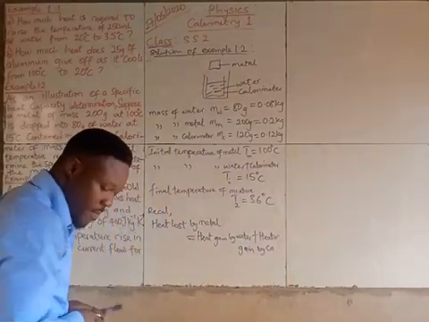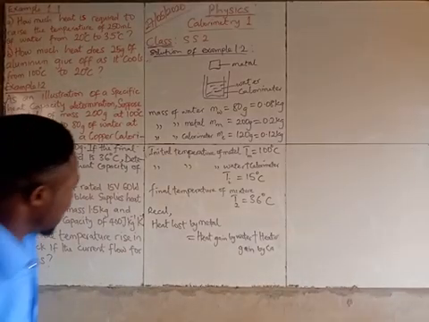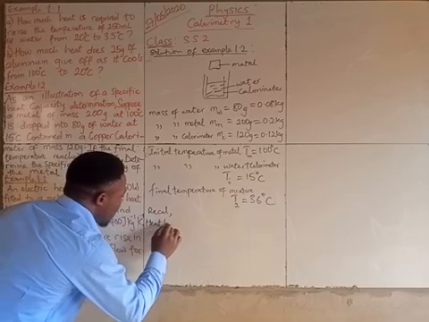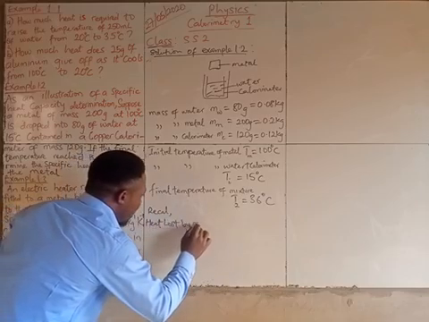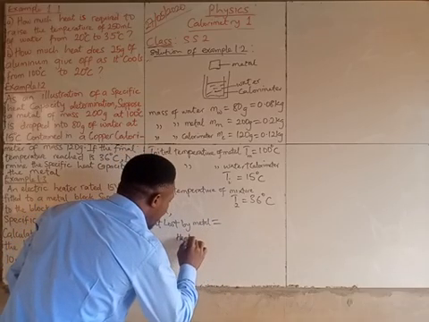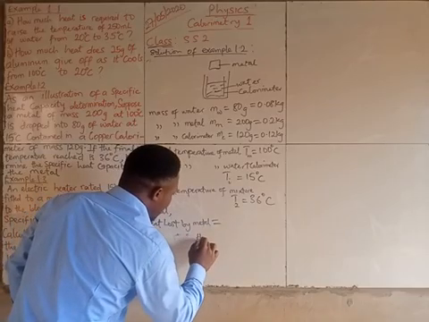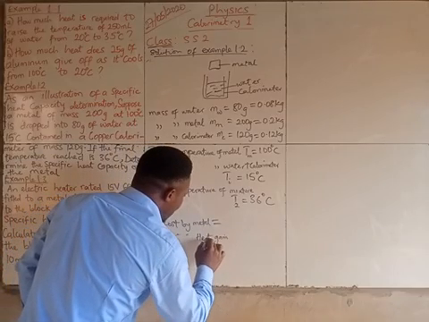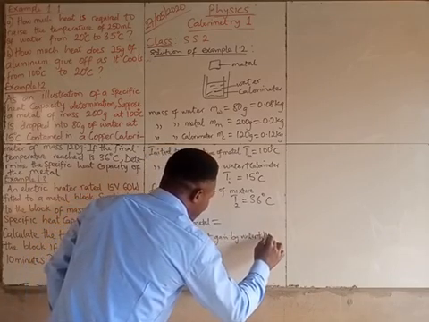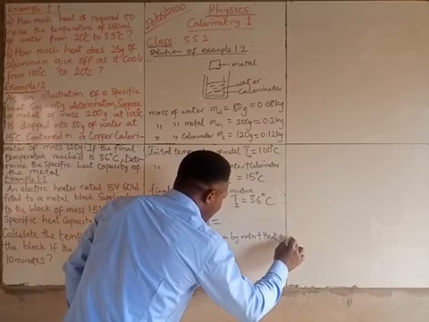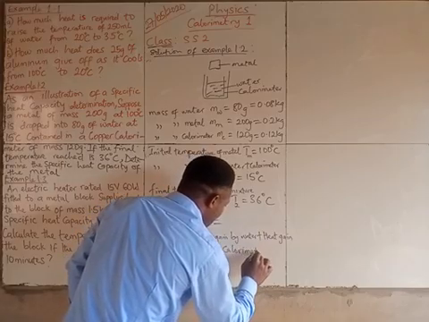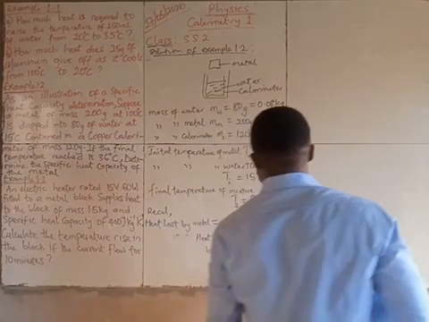That is, heat lost by metal equals heat gain by water plus heat gain by calorimeter. So let's substitute that.